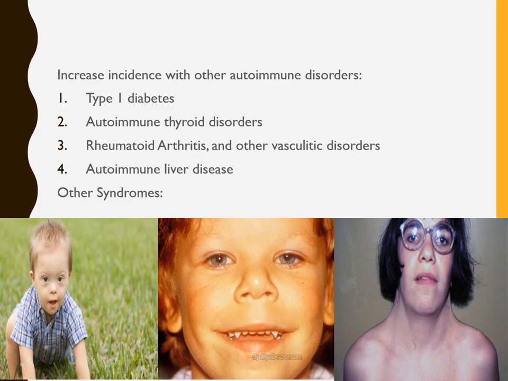You need to remember that specific populations have increased incidence of celiac disease, like other autoimmune disorders: type 1 diabetes, autoimmune thyroid disease, rheumatoid arthritis and other vasculitides, and autoimmune liver disease, in addition to specific syndromes.